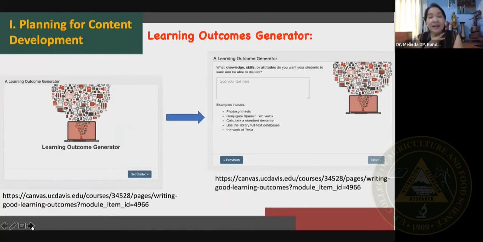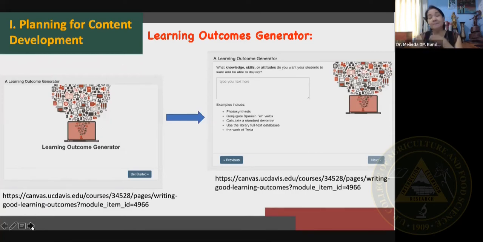So, I happen to find this website, and it's from Canvas actually. There is this learning outcomes generator. So kung medyo nahihirapan tayo, if we find it difficult, minsan kasi nauubusan na tayo ng verb, nauubusan na tayo ng ilalagay natin, 'di ba?